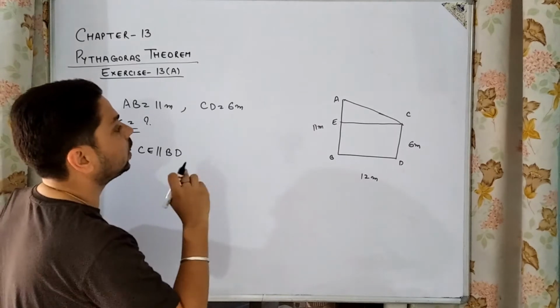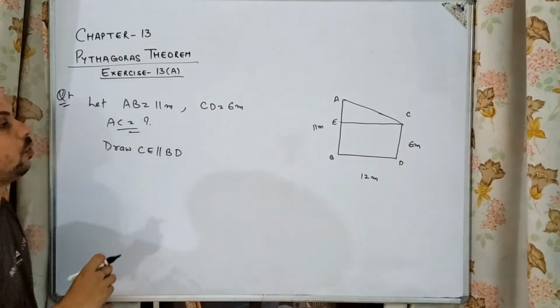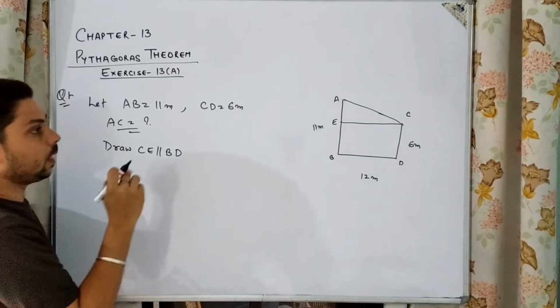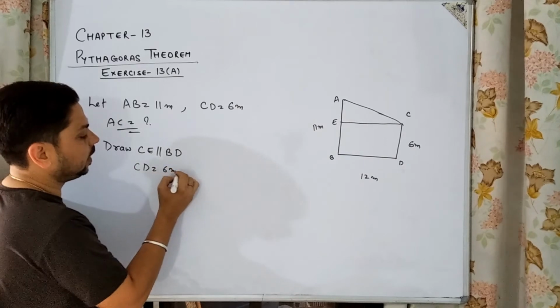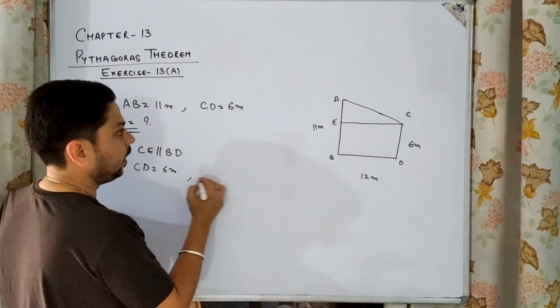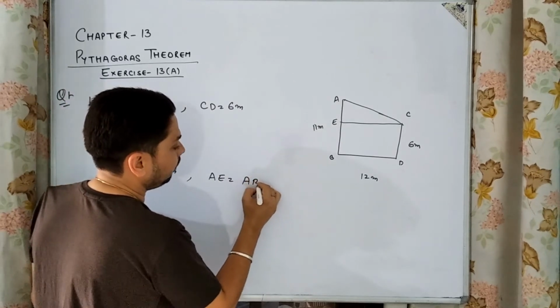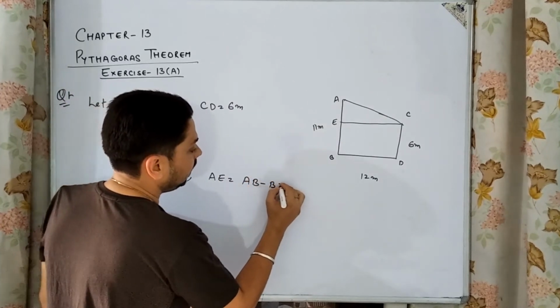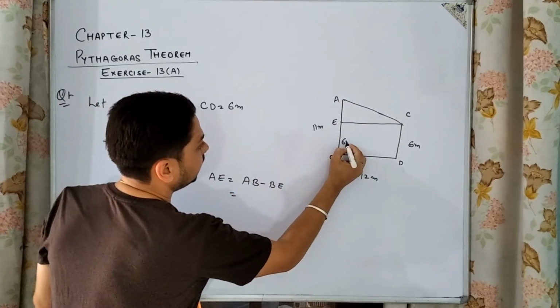Now if we draw CE parallel to BD, so what we have? We have given CD is equal to 6 meter, and what will be AE? AE will be equal to AB minus BE here. BE is your 6 meter.